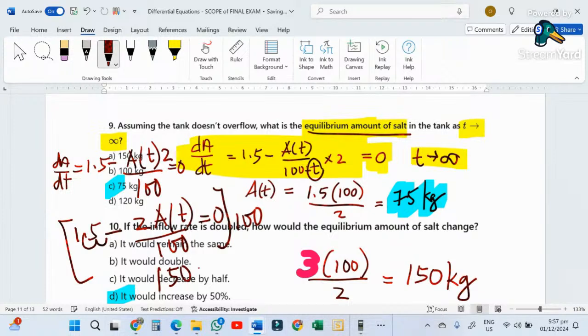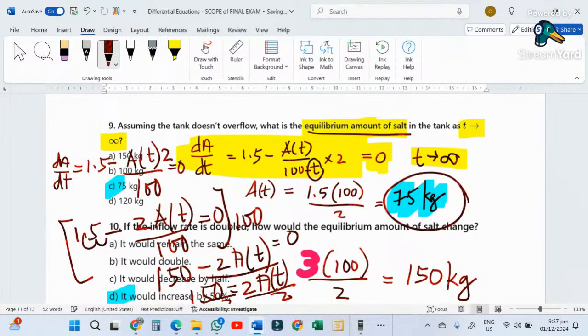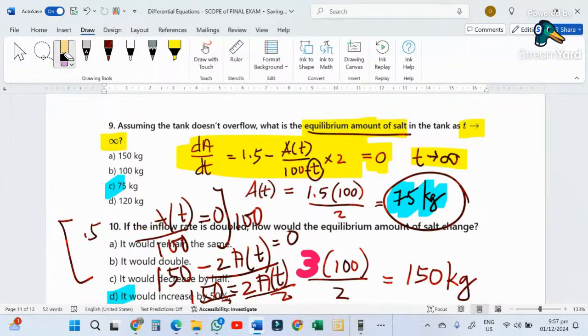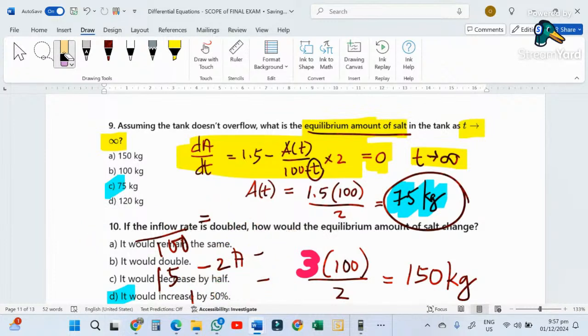And then minus 2 A of t is equal to 0. Moving this 2 A of t to the other side, you will have 150 is equal to 2 A of t. Dividing both by 2, then you get 75. You can replay this part if you want to get the workings and how the 75 was taken. It's up to you.